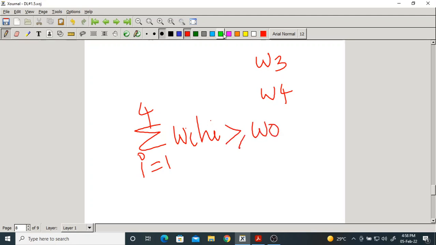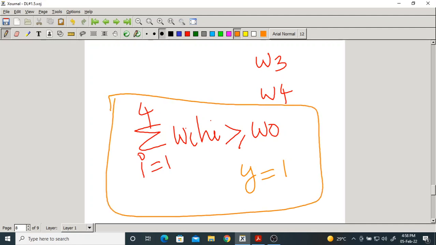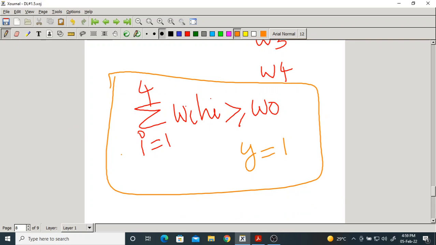If it is so, the output will be 1, the output neuron will fire. Otherwise, it won't. This is the logic. Please remember.